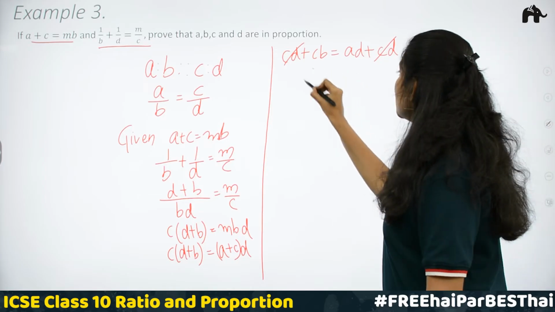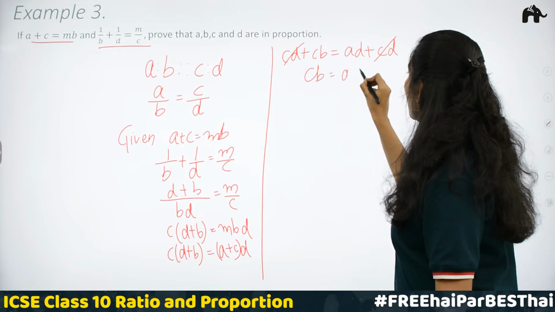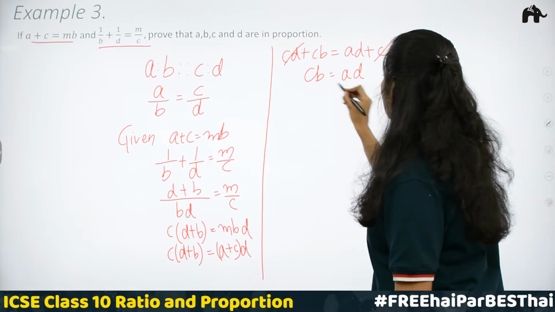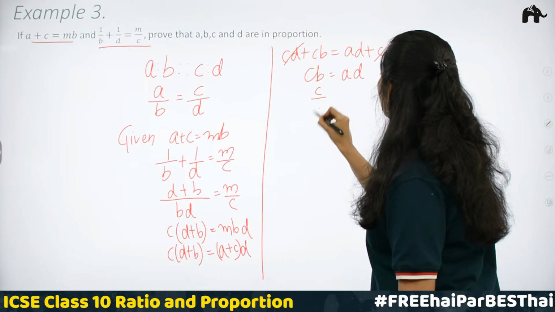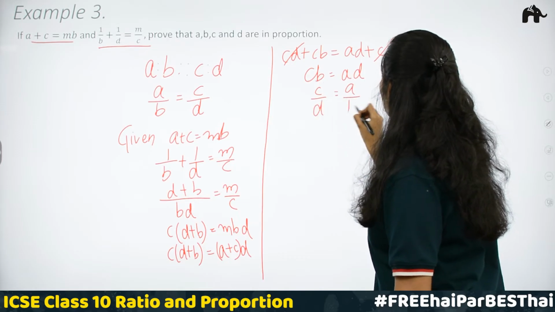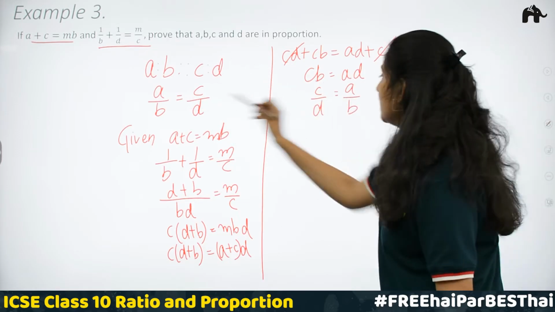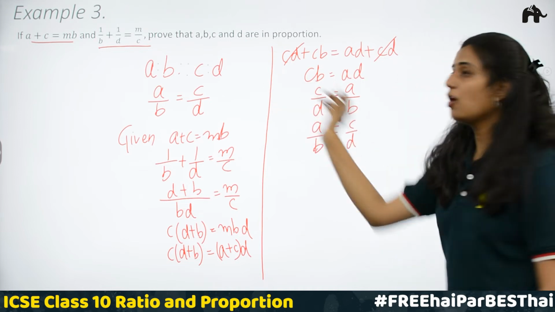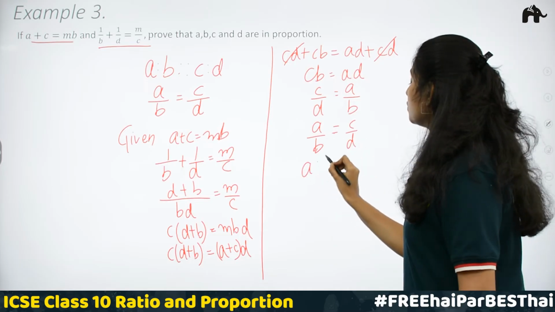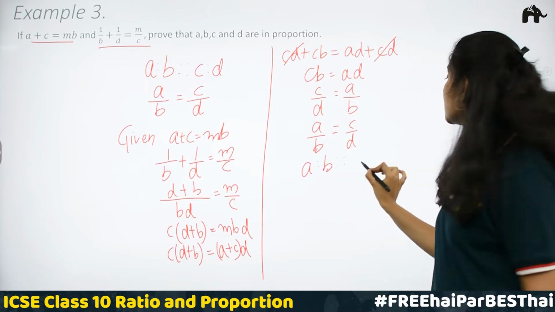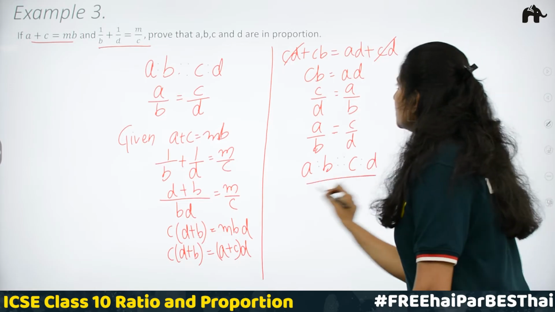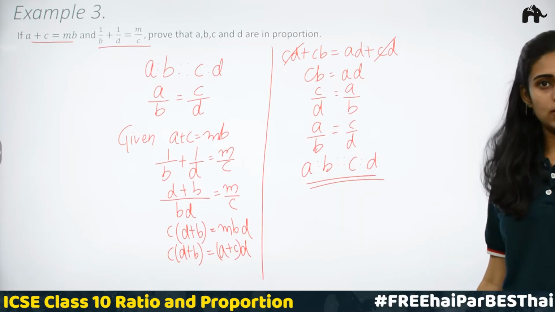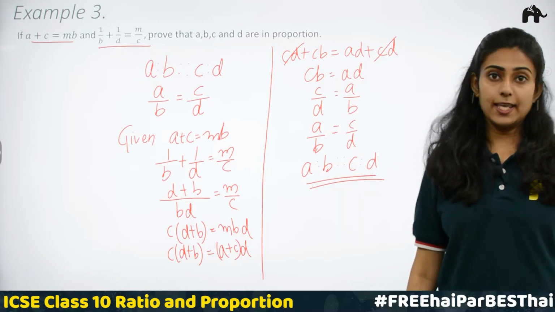Then CB is equal to AD, or we can write this as C by D is equal to A by B. A by B is equal to C by D. We got the form of a proportion, that is A is to B as C is to D. Okay. We proved A is to B is equal to C is to D. Now, I will show you the second method.